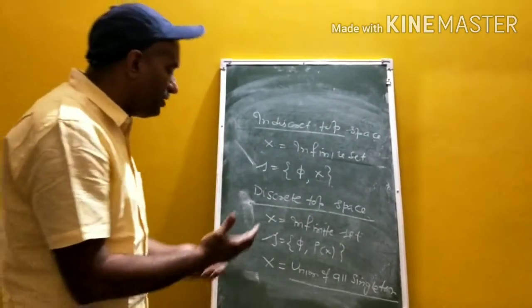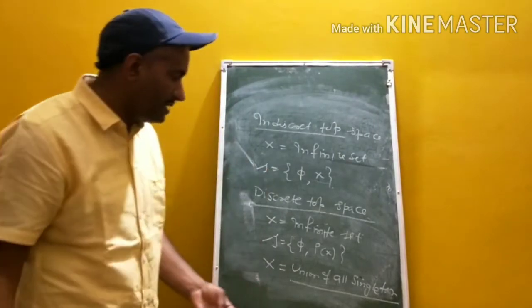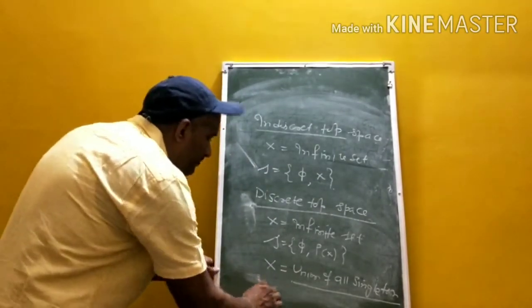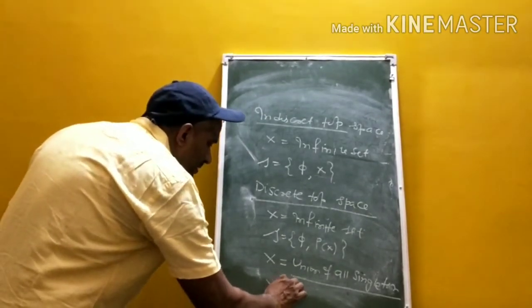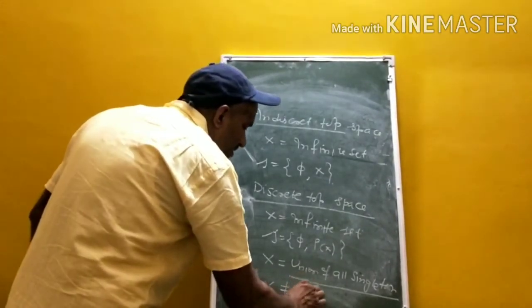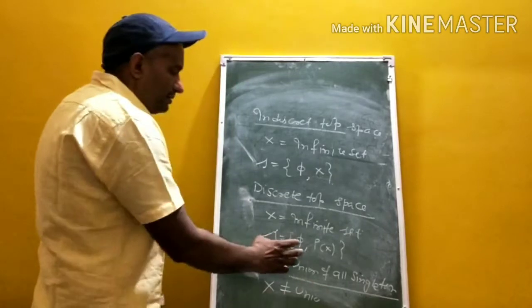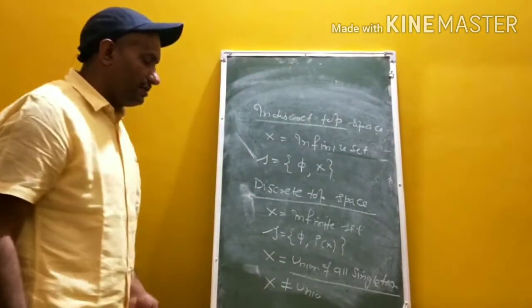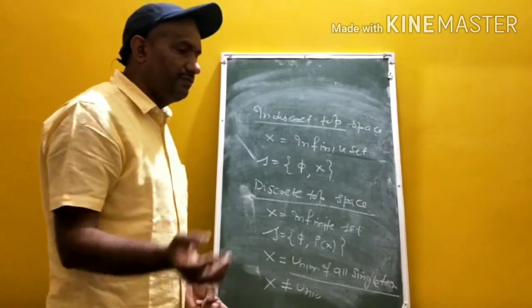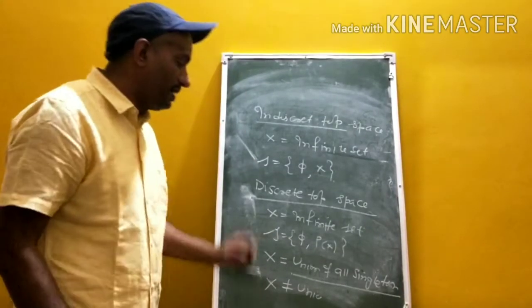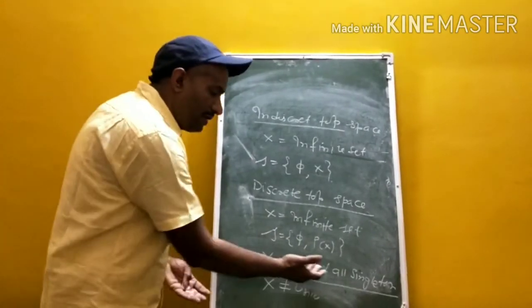If from this union of singletons you remove some singleton, then X cannot be equal to the union of the remaining singletons. So this cover has no finite subcover.